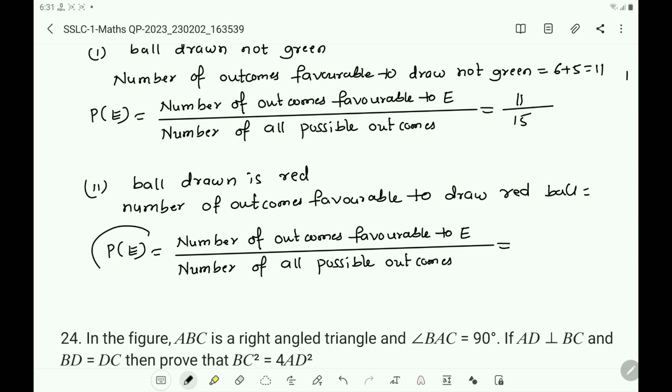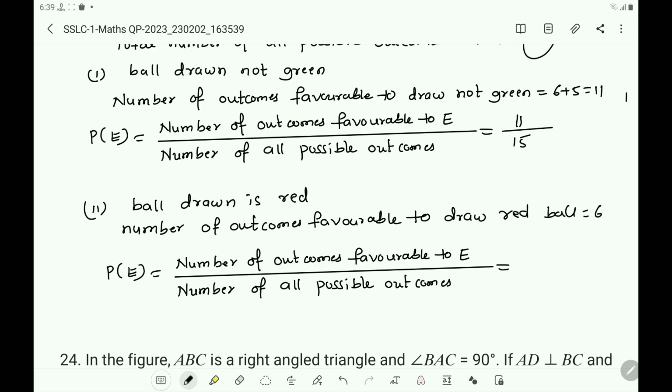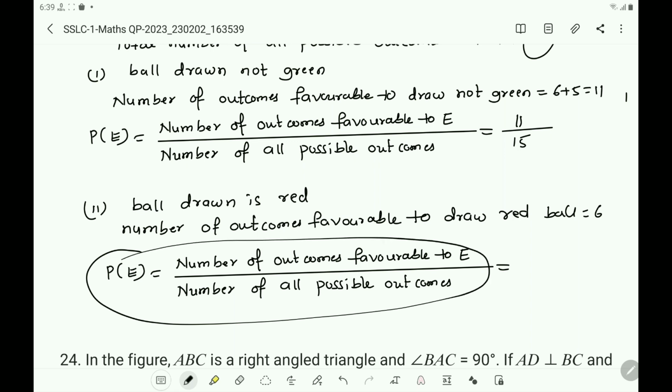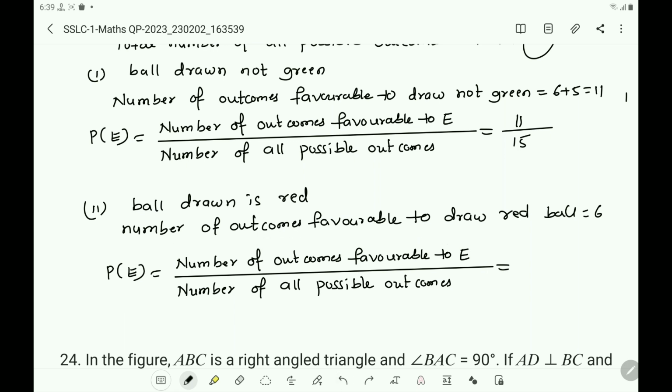Then you write P of E is equals to number of outcomes favorable to E divided by number of all possible outcomes. That is, number of outcomes favorable to E is 6.